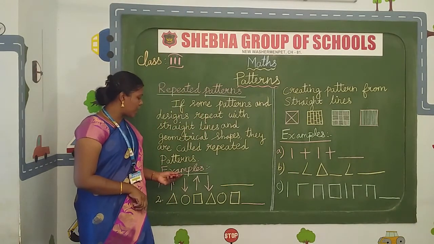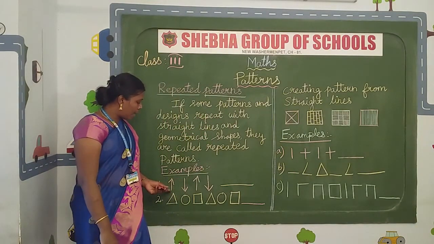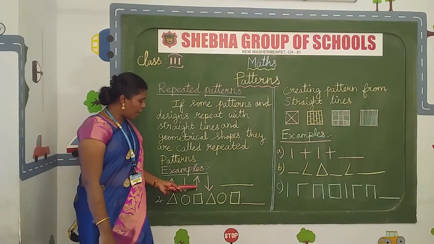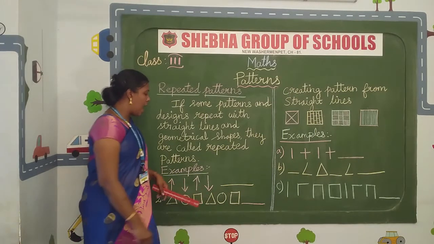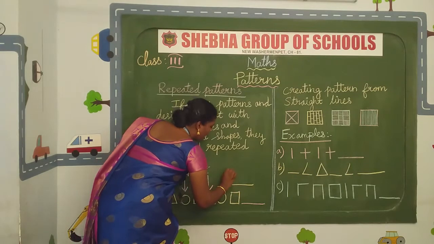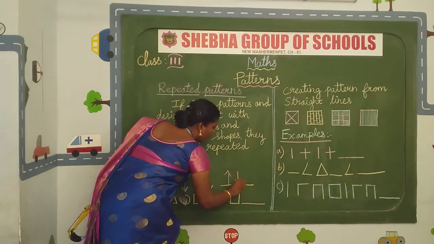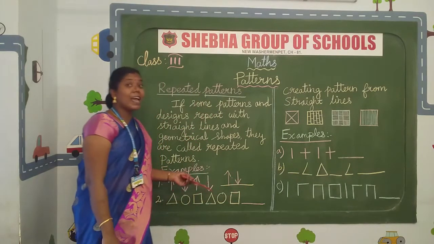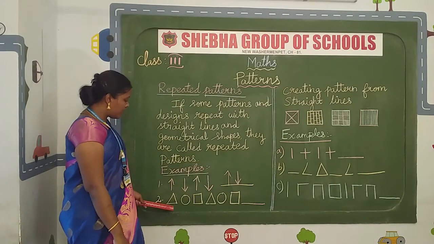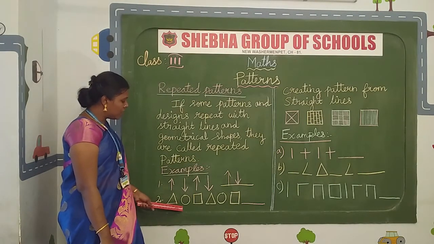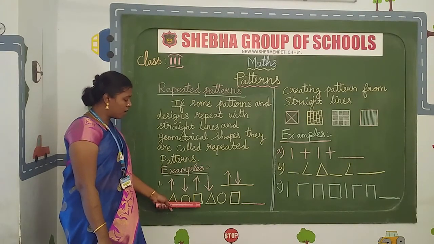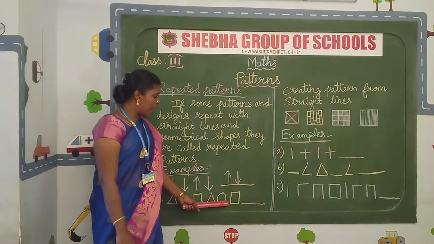For example, you can see this one. 1 up arrow and 1 down arrow, 1 up arrow, 1 down arrow, and again you can draw 1 up arrow and 1 down arrow because it is a repeated pattern. Next, see these shapes: triangle, circle, square, triangle, circle and square.